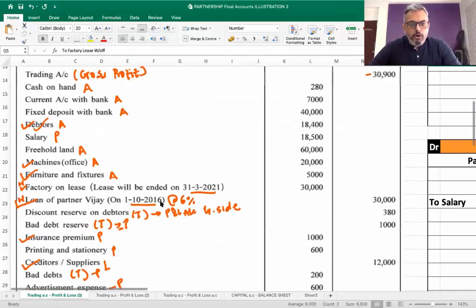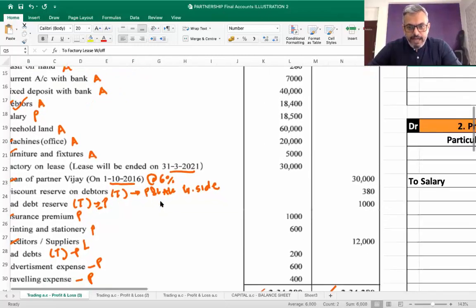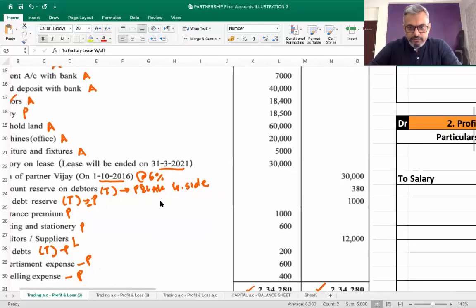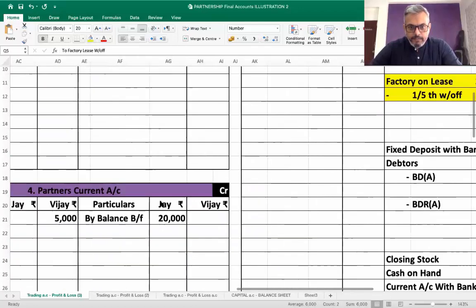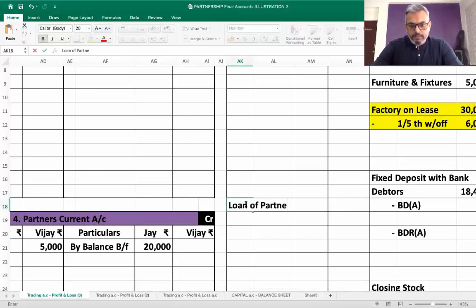Next one, loan of partner Vijay. So loan of partner liability side 30,000. Inner column, or you want, you can write on the outer column as well.